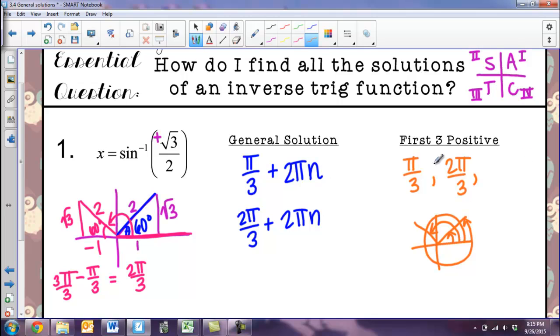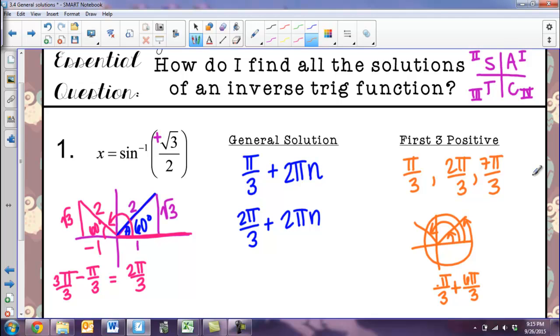So if I took 2 pi over 3 plus 2 pi, I would add 6 pi over 3. That would get me 7 pi over 3 to find that coterminal.